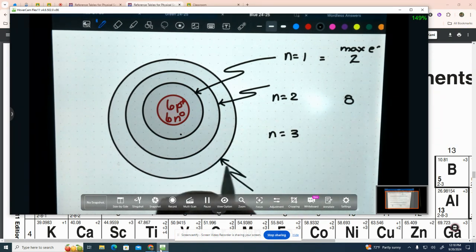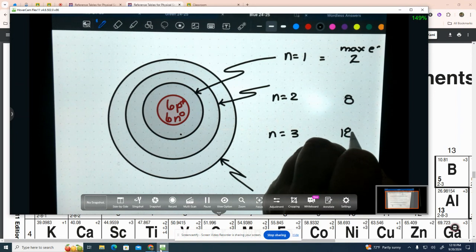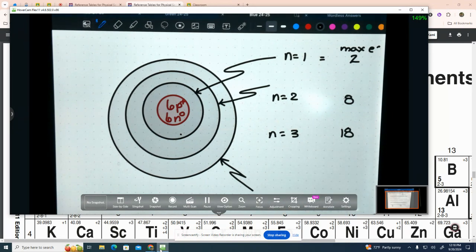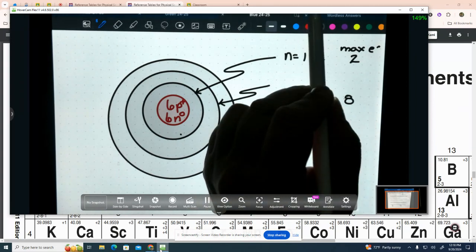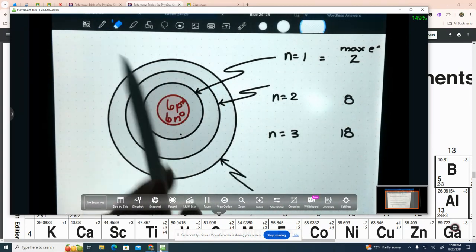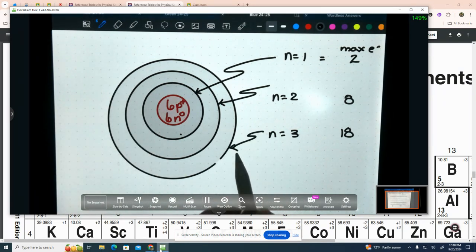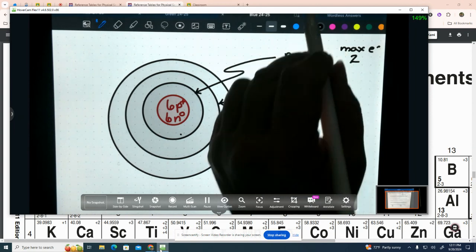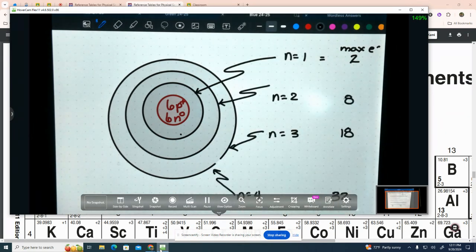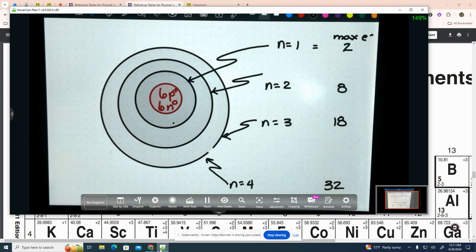The max number of electrons I can fit in there is 18. Let's put the arrow here. That's n equals 3. And the n equals 4, the maximum number is going to be 32. I'm not going any higher than that. You don't need to know any higher than that.